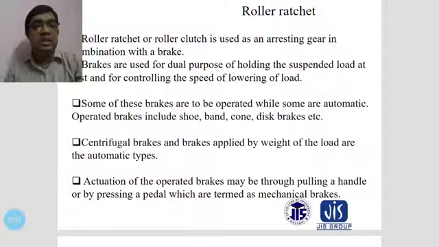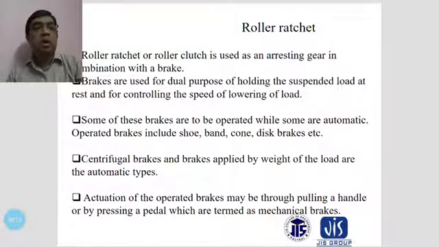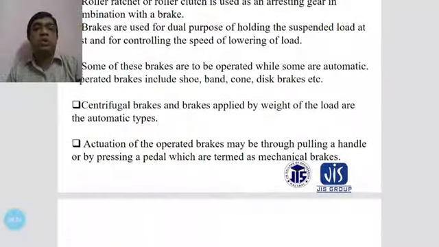And another thing is the centrifugal brakes, which are used when centrifugal force is applied, and the brakes applied by the weight of the load are the automatic types. Another thing to consider is that the actuation of the operated brakes may be through pulling a handle or by pressing a pedal, which are termed mechanical brakes also.